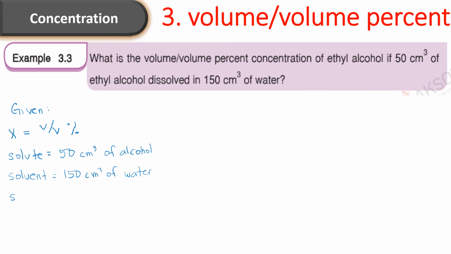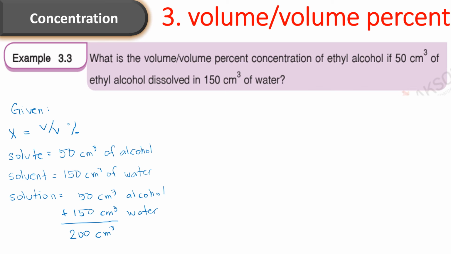Now, let's get our solution, so we can have it by solute plus solvent. That is 50 cubic centimeter alcohol plus your 150 cubic centimeter of water. So you will have there 200 cubic centimeter of your solution.